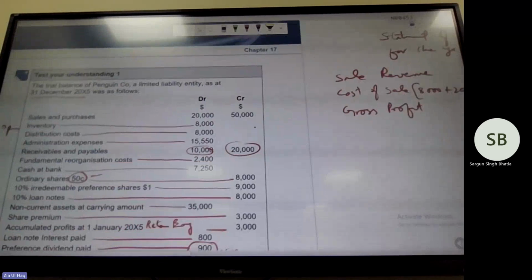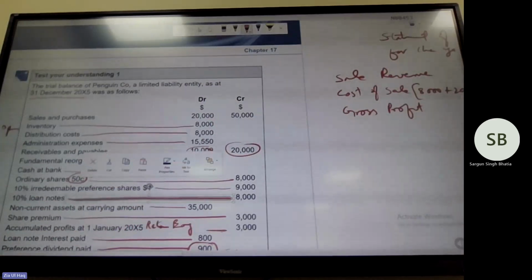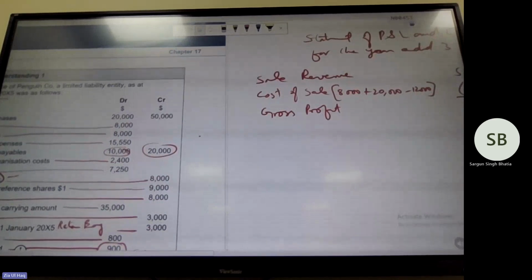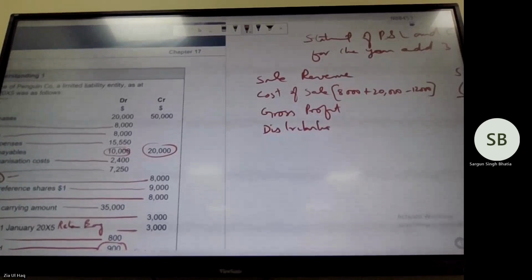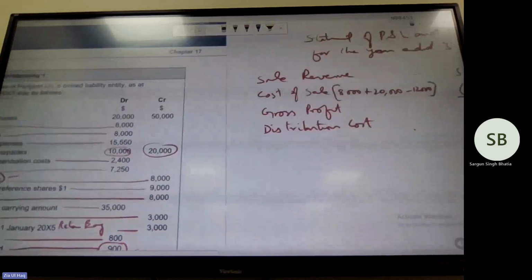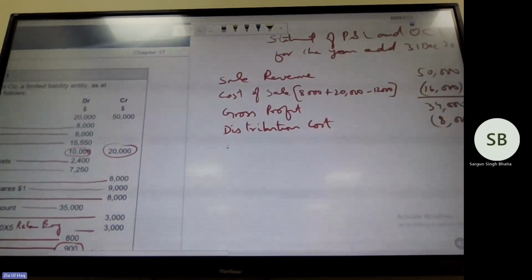And we are having expenses: distribution cost 8,000, admin expenses 15,550. So distribution cost, that is of 8,000. And then administration expenses of 15,550.